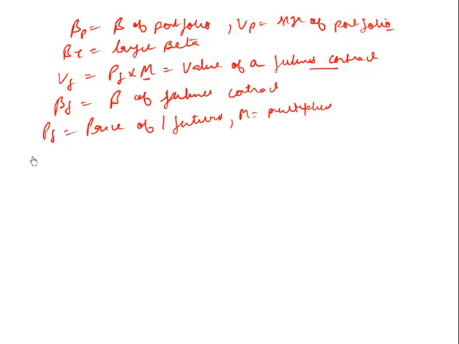Question asks, convert beta p to beta t with the help of the futures contract. That is, change the beta of your portfolio from a current value to a target value.